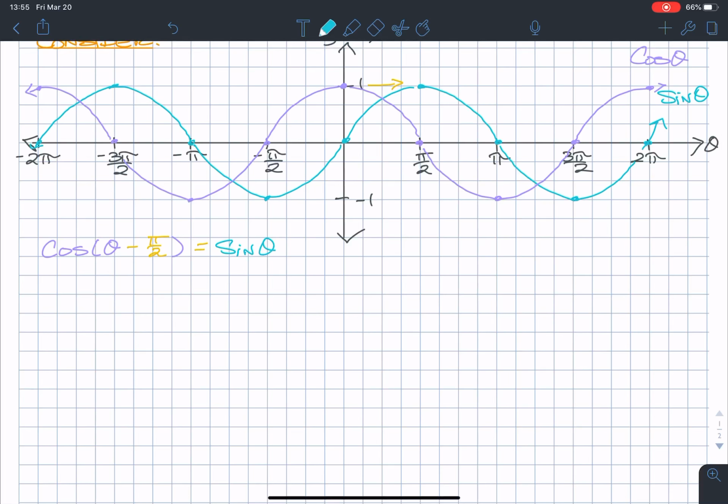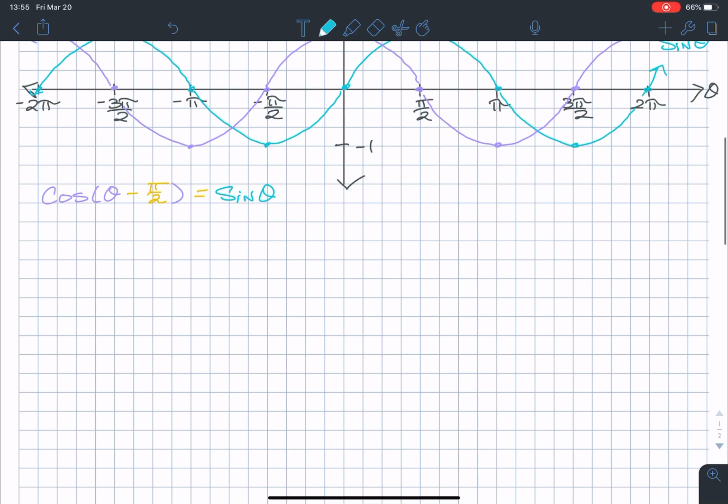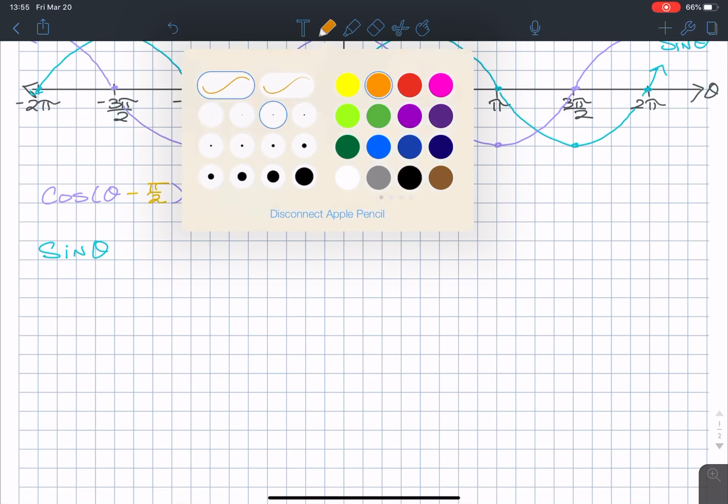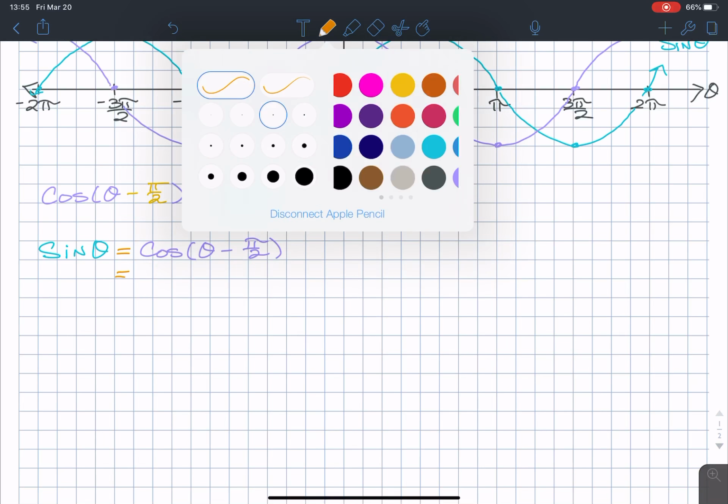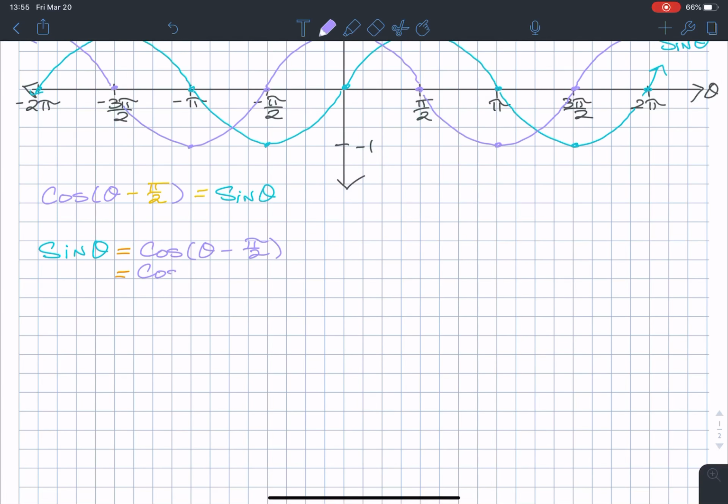Okay, well, let's analyze this. So I have that sine of theta can be written as cosine of theta minus pi over 2. So what I'm going to do here is factor out a negative. First let me rewrite it as negative pi over 2 plus theta.